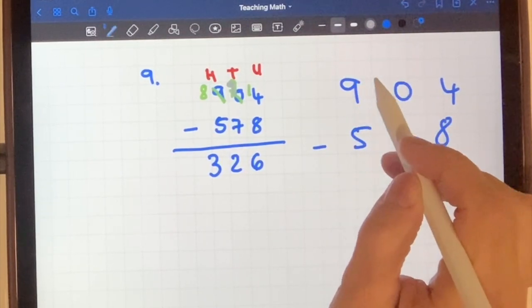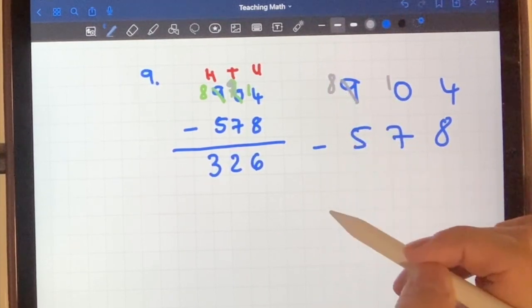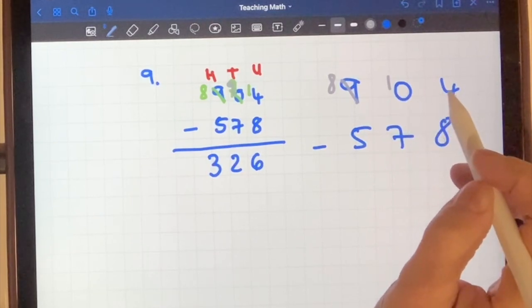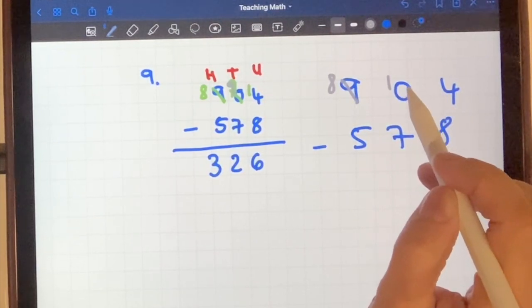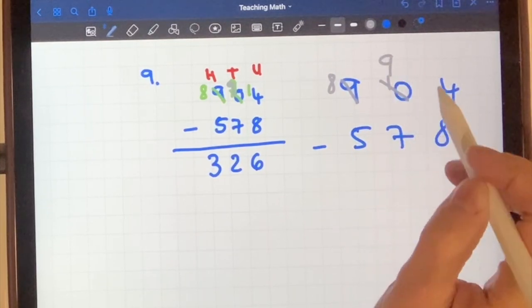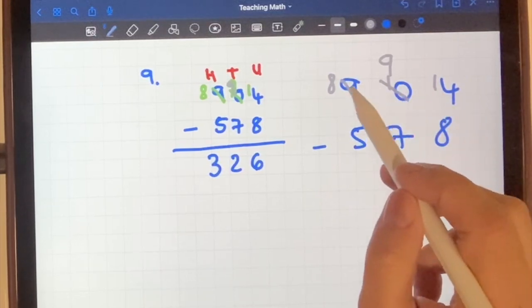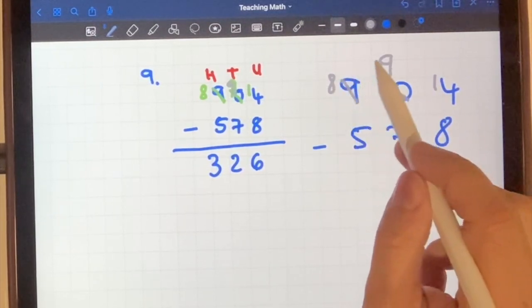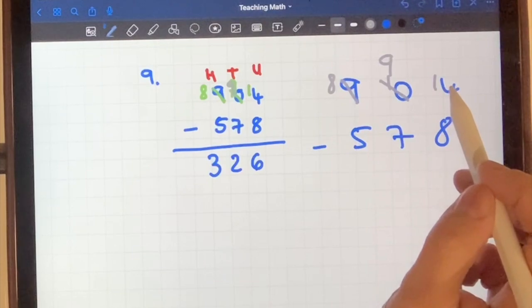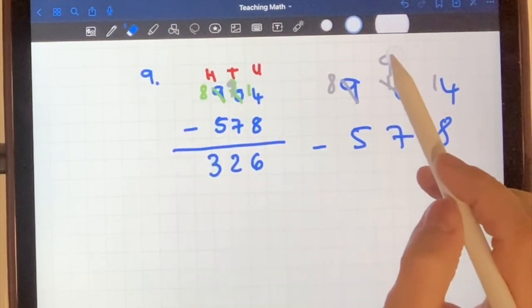So if I borrow 1 from here, there's the one I've borrowed, and that becomes 8. And now I can go here and say, hey, can I borrow 1? Now it's a 10, so the 10 becomes a 9, and then I can borrow. So you've basically gone 2 columns across to borrow 1 and borrow 1, and now you're set up. Hopefully that's made a bit of sense.